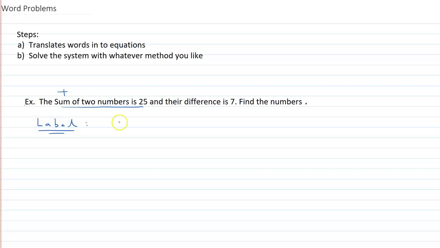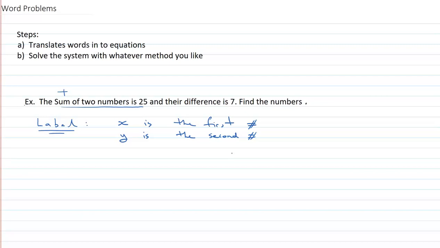So let's suppose x is the first number, and let's call y the second number. Now I just used x and y. You can use a and b. You can use whatever variables you like. It doesn't matter, but we need to make sure that we name these so that we can set up our equations properly.